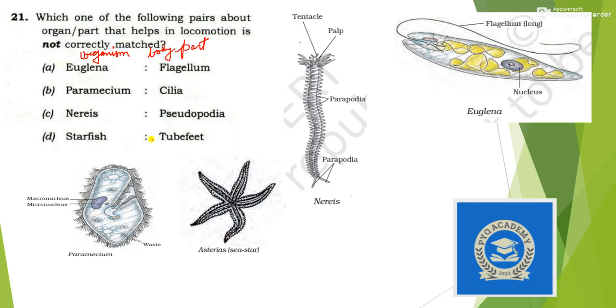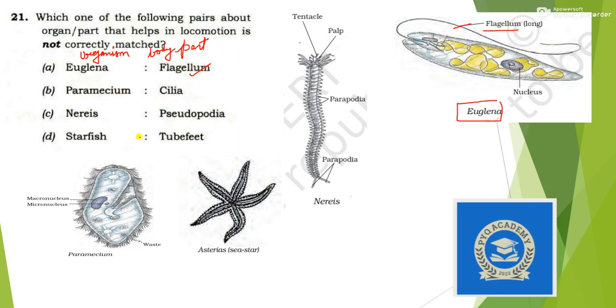In the first option it is given that Euglena and flagella. So let's look at Euglena. This is Euglena, and you can see here it has a part named flagellum. So yes, this is correct.